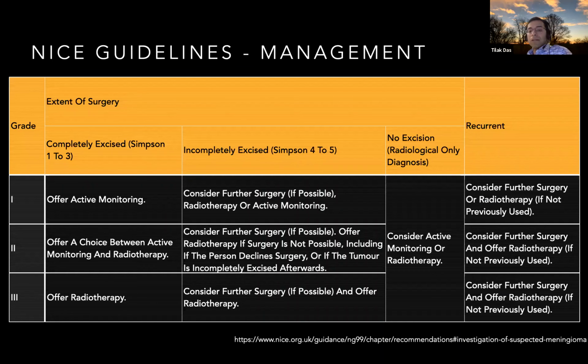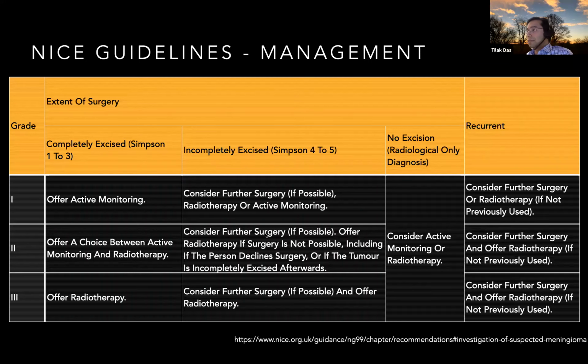So the current NICE guidelines, which came out in 2018, are based on the extent of surgery, so the Simpson grade, and of course the location of the tumor and what options are available. So essentially, if you have a completely excised tumor and it was a benign grade 1 tumor, then you might consider active surveillance, but no need for further treatment, whilst higher grades will be either more surgery or radiotherapy, or surveillance.